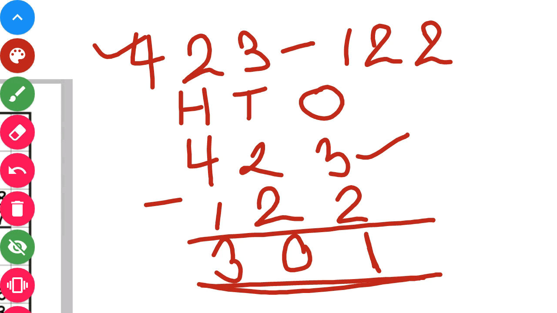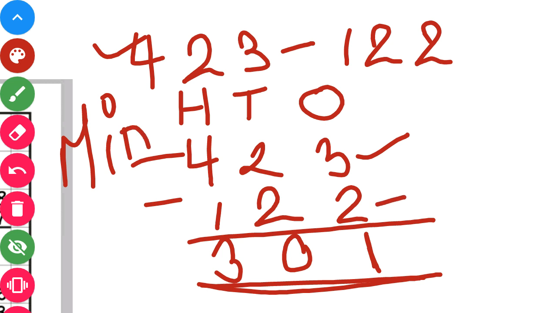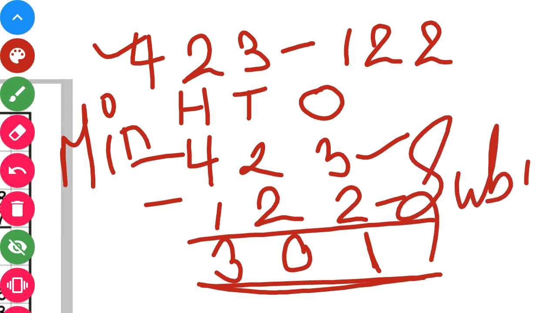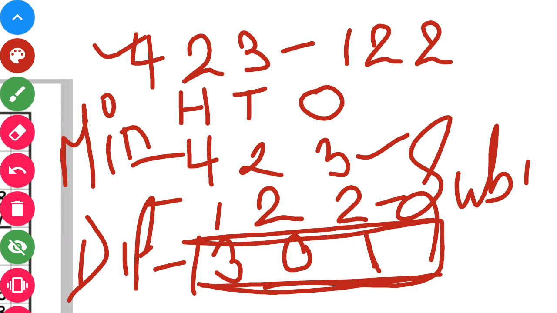So which number is greater, 423 or 122? 423 is greater, so this number will be the minuend. 122 is smaller, this will be the subtrahend. And the answer that we got is the difference. Okay? Great.